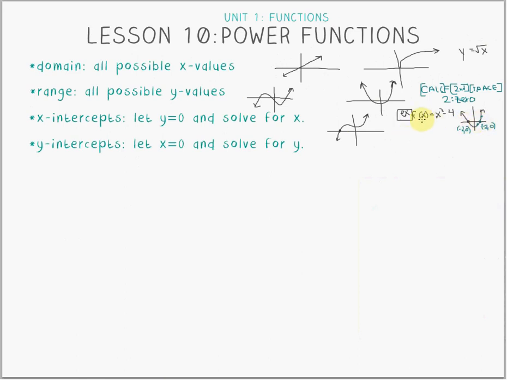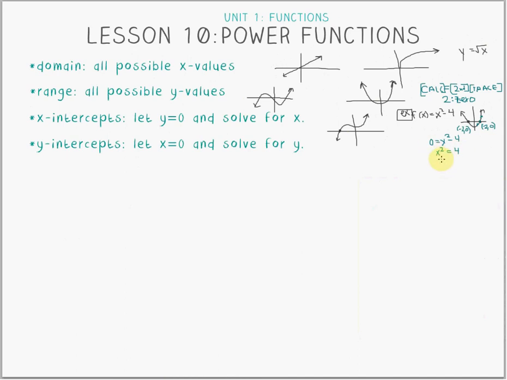So for the same example, if I was going to use this algebraic way of finding it, we would let y equal 0. So then I would have 0 equals x squared minus 4. And then I would add 4 to both sides, so then I'd have x squared equals 4. I'm going to move my x to the left side because it makes me nuts if it's not.